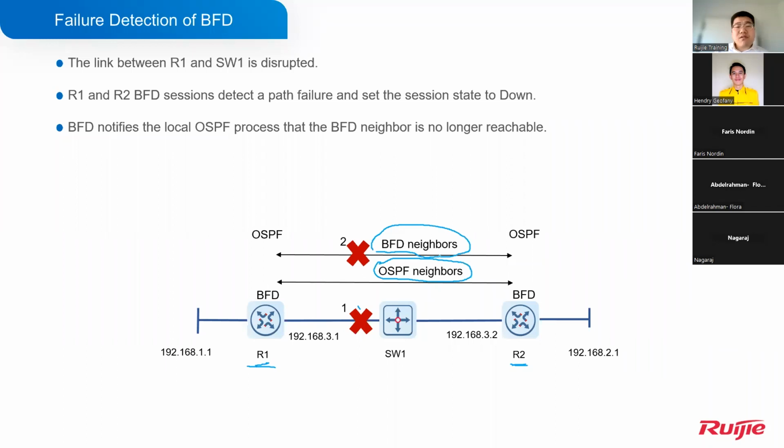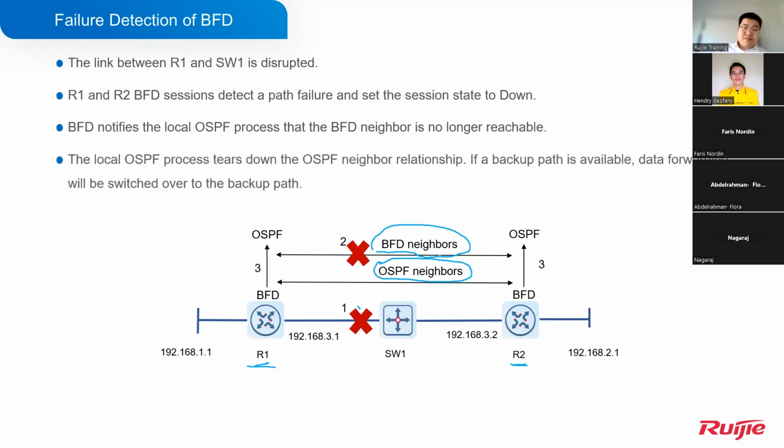Since the BFD neighbor is the same as the OSPF neighbor, once the BFD session is down, the OSPF process will tear down the OSPF neighbor relationship. And if a backup path is available, data forwarding will be switched over to the backup path. In this case, we can reduce the time of network recovery, right?